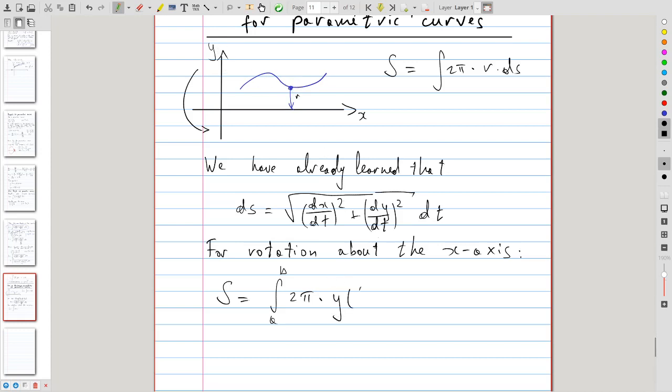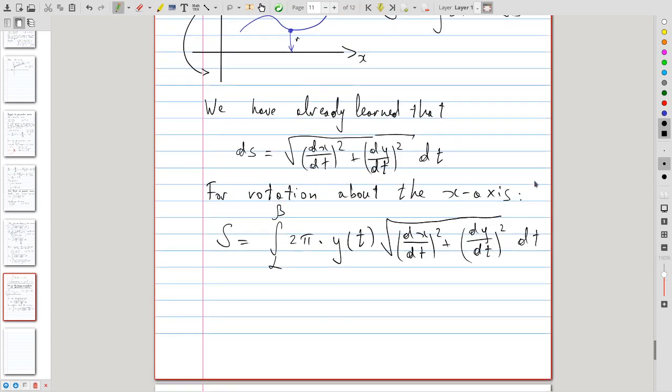We would put the y-coordinate over here like so, and then we'd have the expression for ds, and that would be it. This here is, I guess, not a and b but alpha and beta, because these were the range for t, and dy over dt squared integrated with respect to t. So this here is the area of the surface of revolution when you rotate about the x-axis.